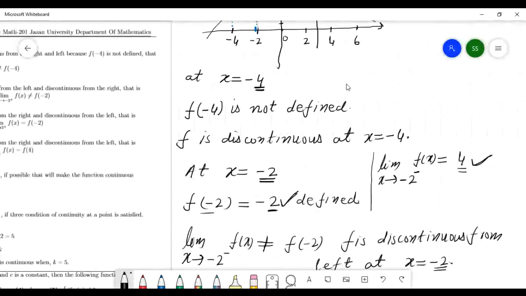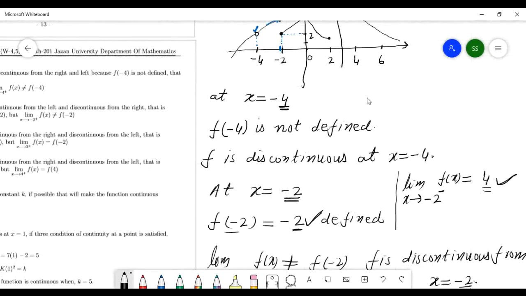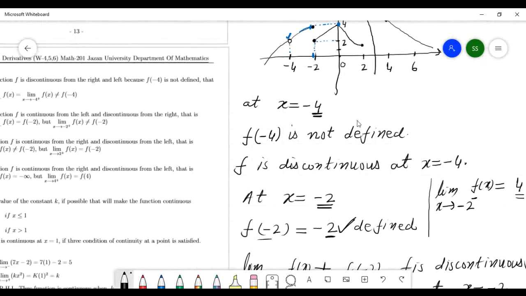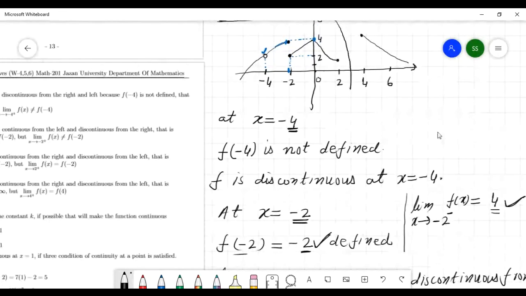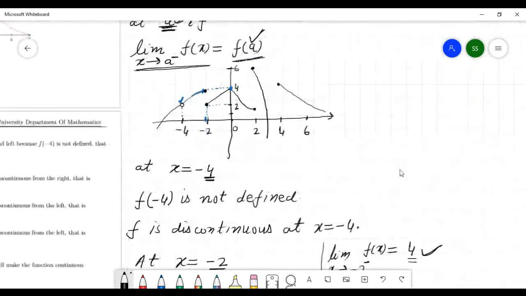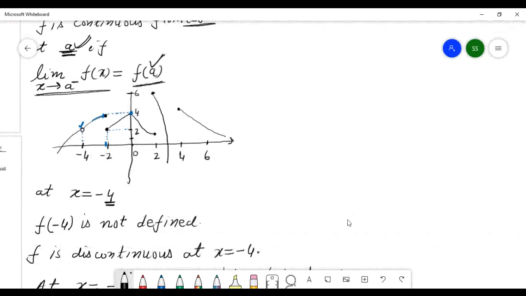Check the right limit here. See this. Let me check the right limit. So here, you know, f of -2 is equal to 2 here, it exists.